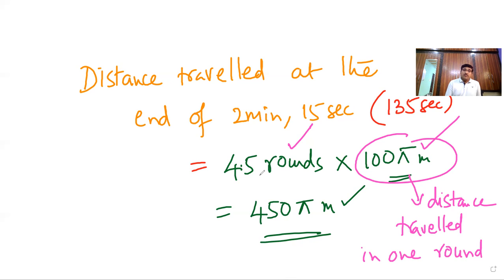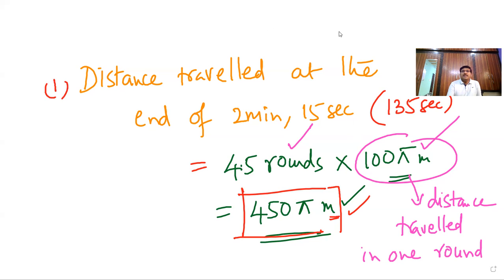So 4.5 rounds in 135 seconds multiplied with distance traveled in one. This is the answer: 455 meters. M stands for meters. Clear? This is the answer for the first question, distance.